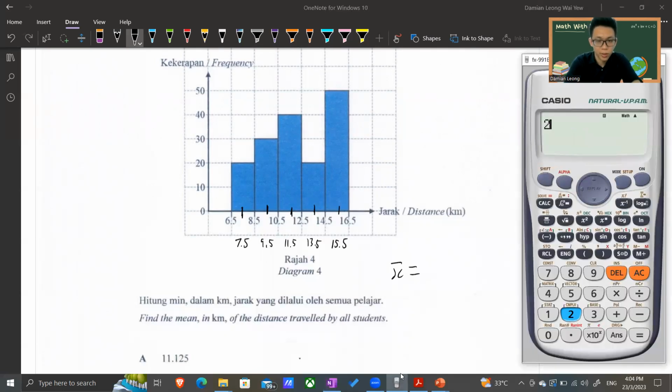So first one, 20 times 7.5 plus, next one, frequency 30 times midpoint 9.5 plus 40 times 11.5 plus 20 times 13.5 plus frequency 50 times midpoint 15.5.